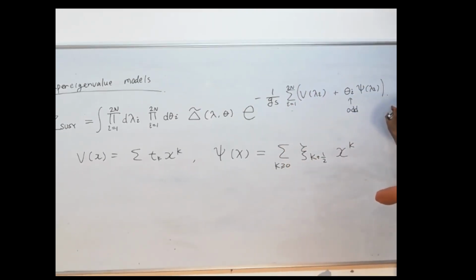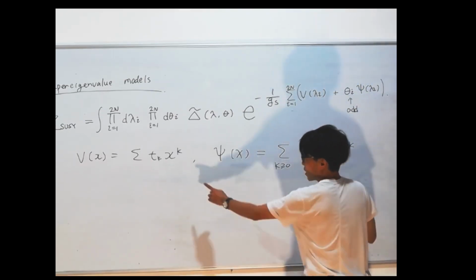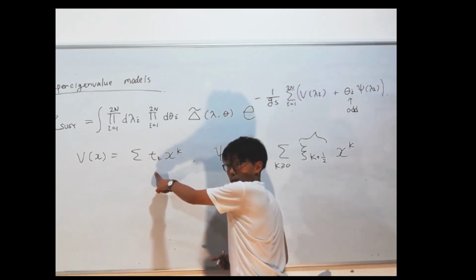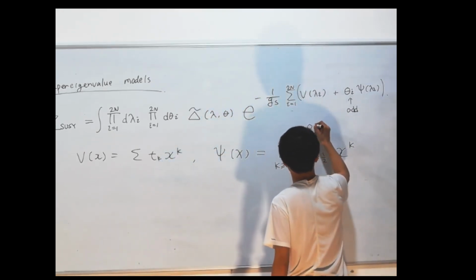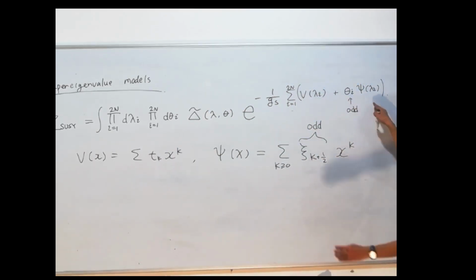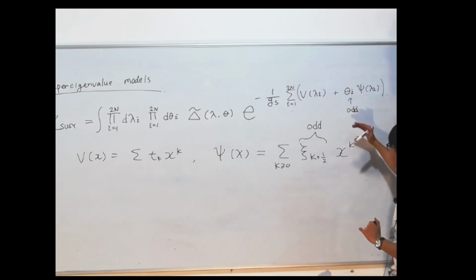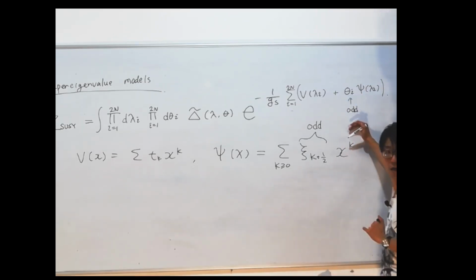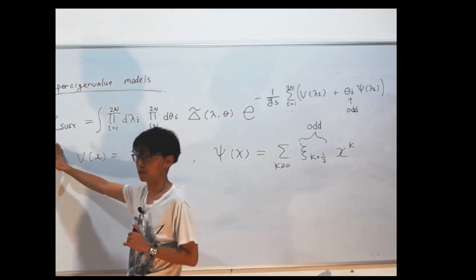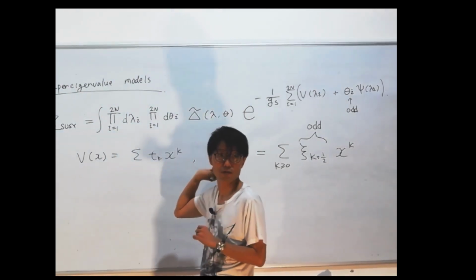So to make it even, we have to impose that a partner of these parameters should also be odd, so that the entire thing is going to be even again. Now it makes sense to take the exponent. This is basically an ansatz for my partition function, called the partition function of the super eigenvalue model.